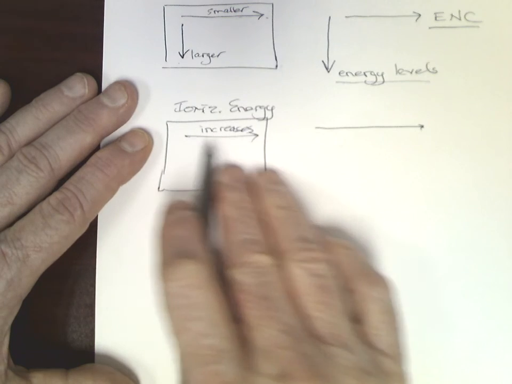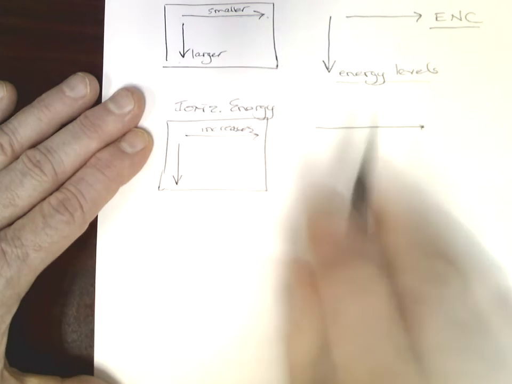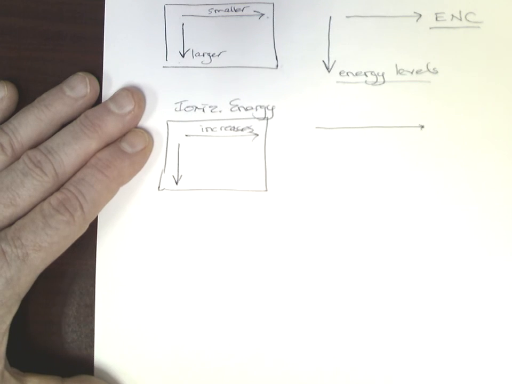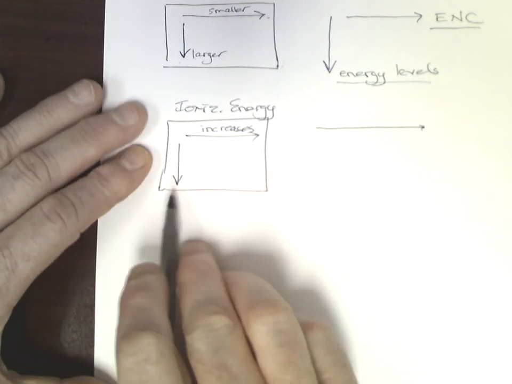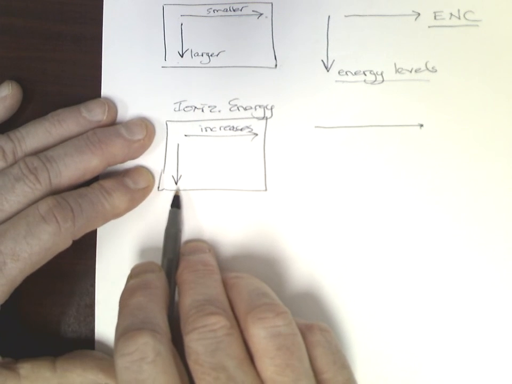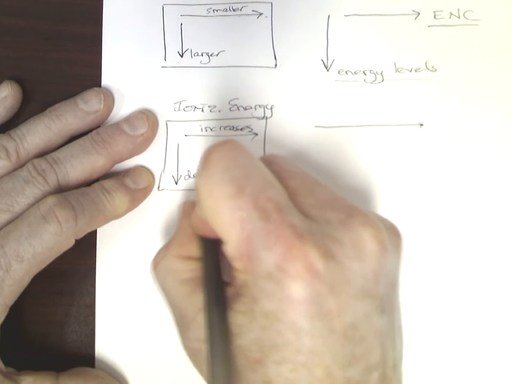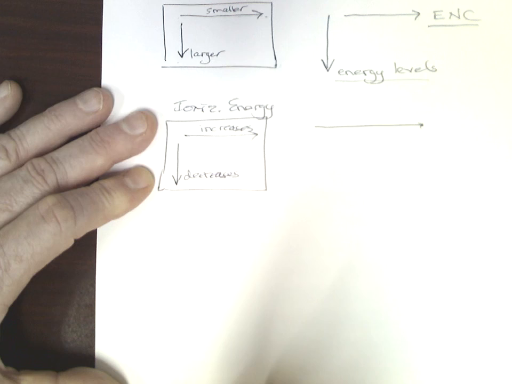It gets harder and harder and harder to take the electron. How about going down? Again, that argument will always be about energy levels. The electrons in the valence shell are in an energy level further from the nucleus. Electrostatic attraction decreases, and so it's easier and easier to remove them. So ionization energy decreases.